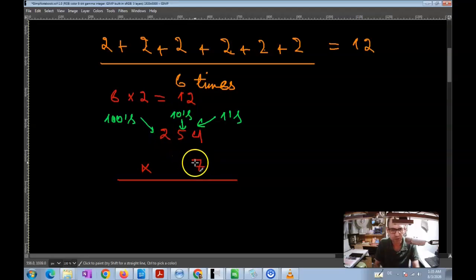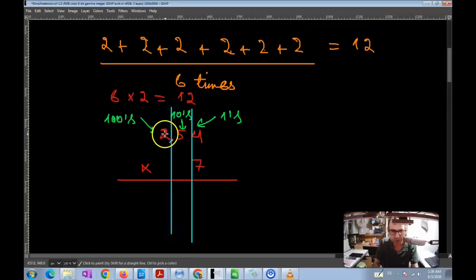And 7 times 2 would be 7 times 2 hundreds, which is 7 times 200, right? So the place value has to be taken into consideration. I have the ones place value, the tens, and the hundreds place value, right?